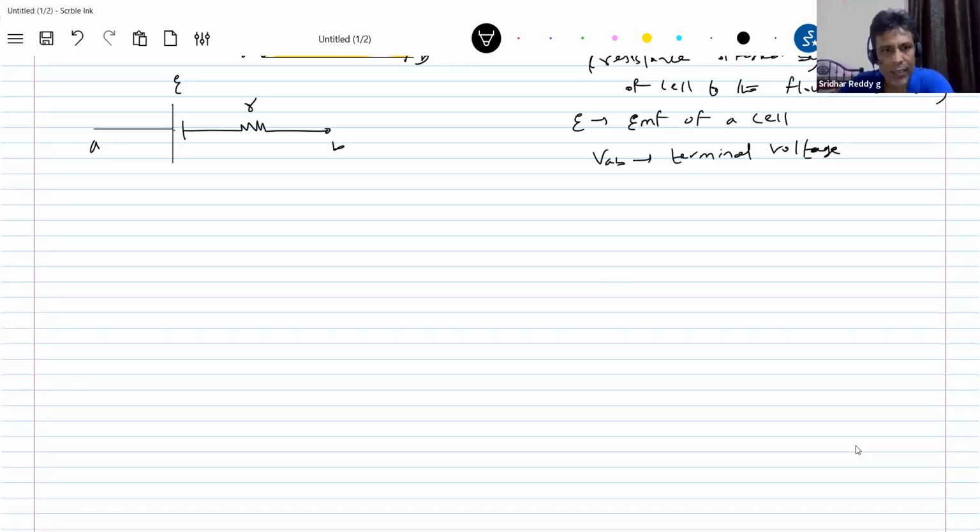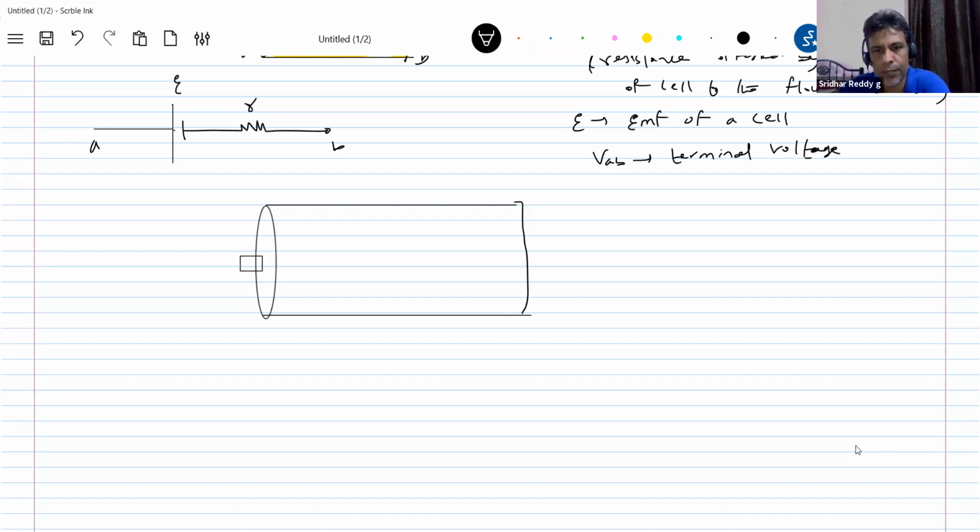So inside the cell, in the same diagram, there's a terminal B and a terminal A. Let's assume a positive charge.